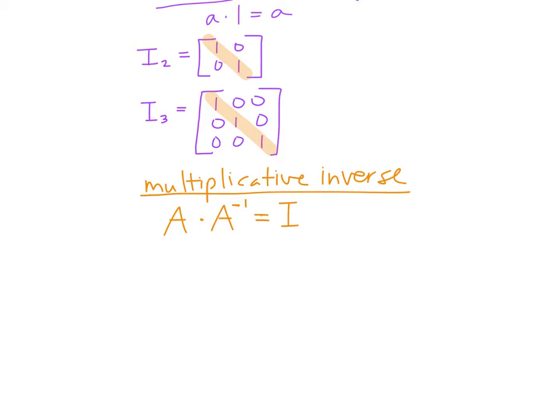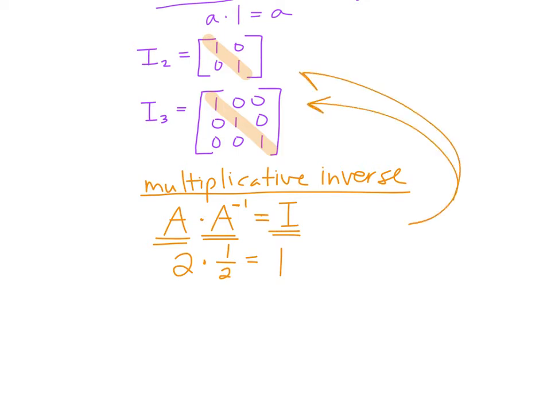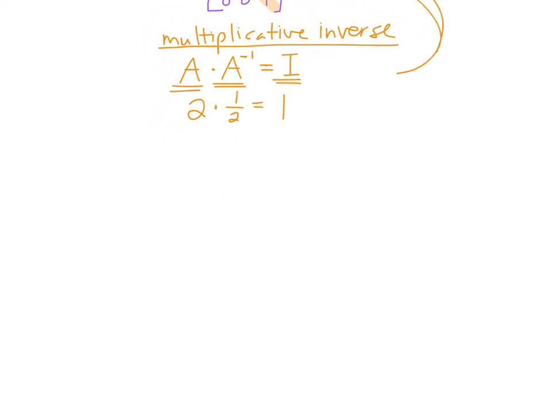Think of it like this, right? If I take the number 2 and the inverse of 2 is 1/2, it equals 1. Well, this is saying a matrix times the inverse matrix will equal essentially the 1 for matrices, which is these guys up here.